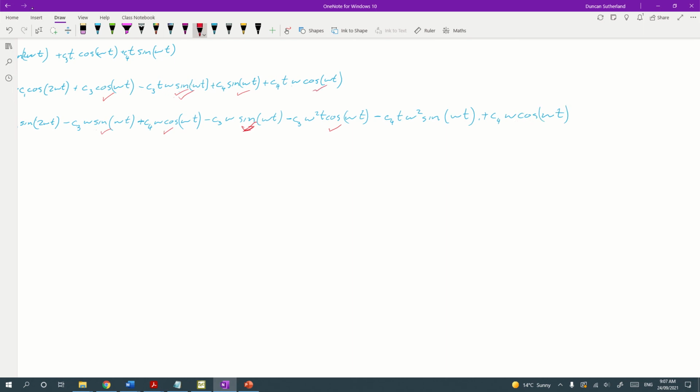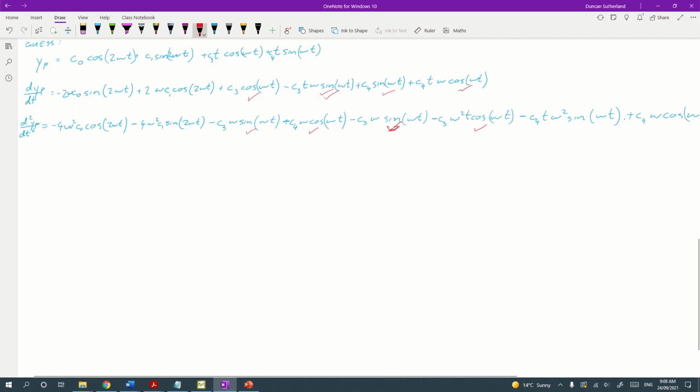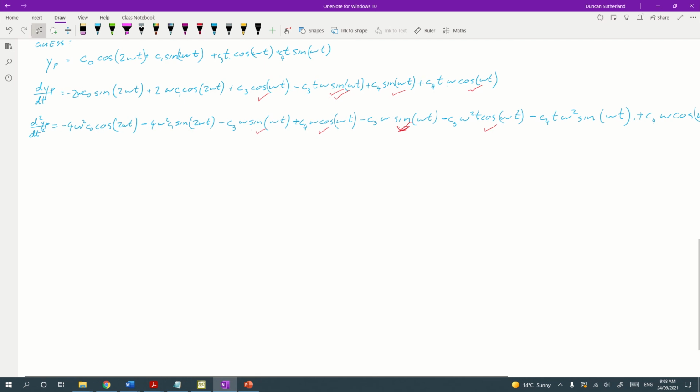I forgot to differentiate the first function, leave the second one alone. I just differentiated the second one, leave the first one alone. Okay, so that should now be the right number of terms.